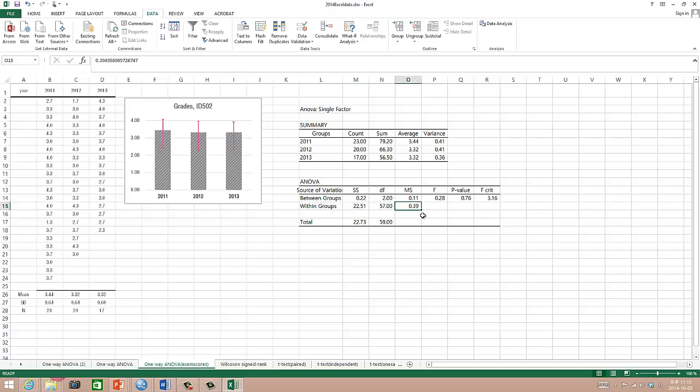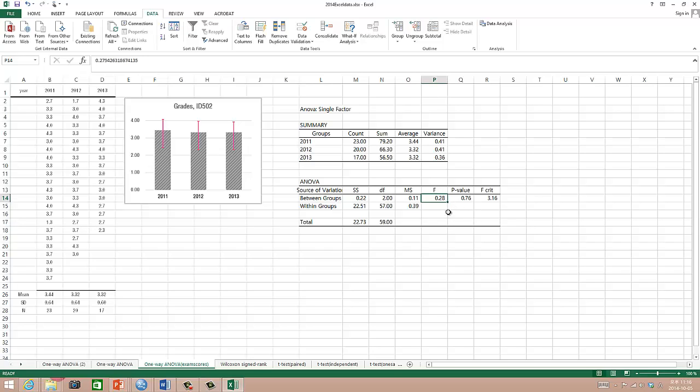And here, in the same way, it results like this. The between group variability is the numerator, and the within group variability is the denominator. So you divide 0.11 by 0.39. The F value results at 0.28.